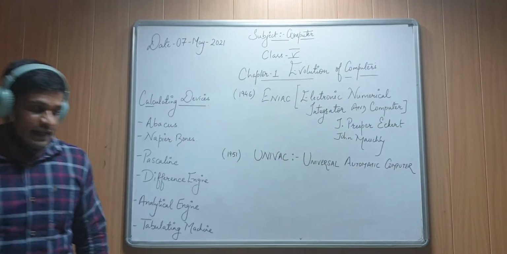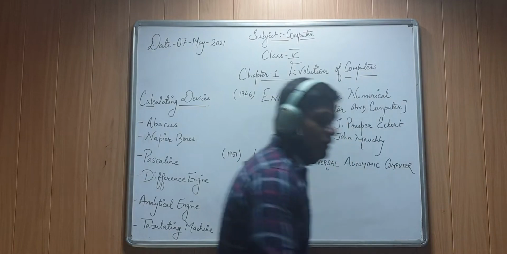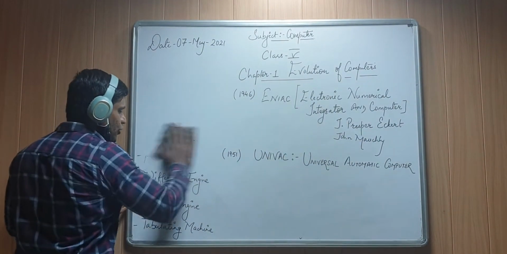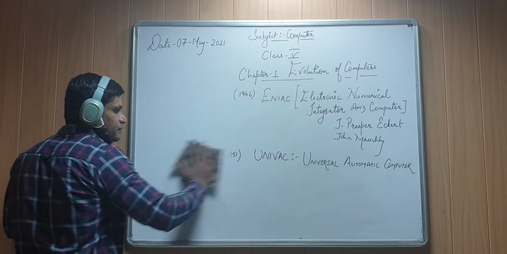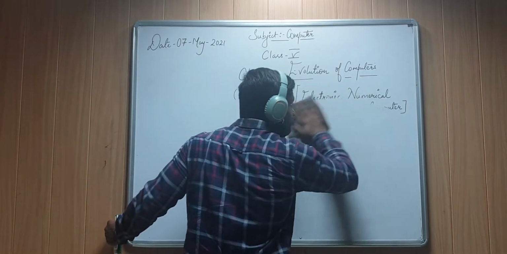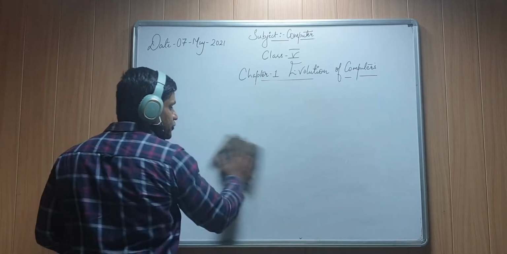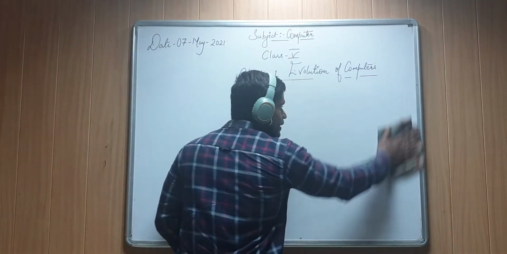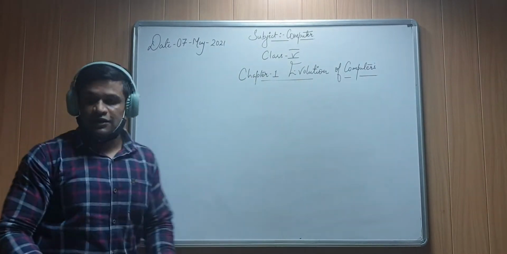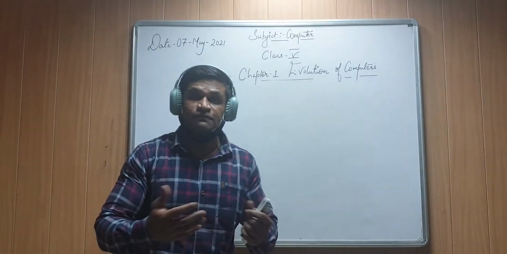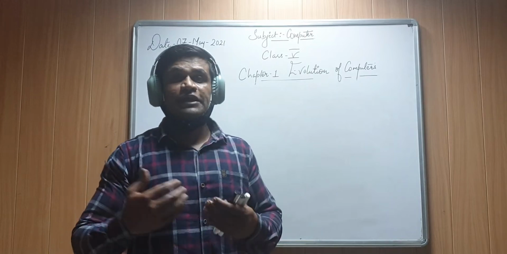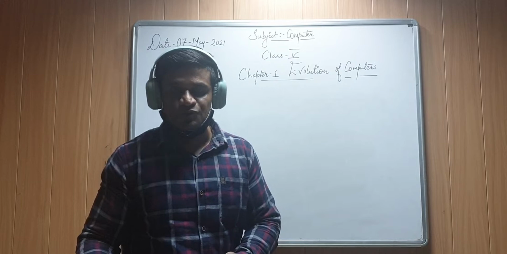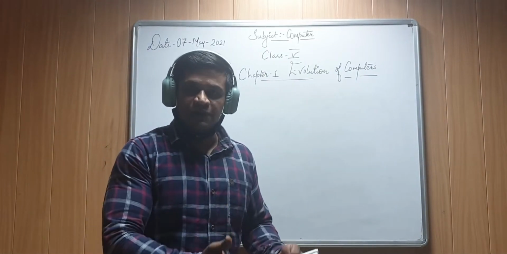Now, in the next part, we would be discussing the pioneers of the computer, those people who made useful contributions in developing the computer. Like if I talk about the freedom fighters who helped us in getting freedom for India, Mahatma Gandhi, Subhash Chandra Bose, Bhagat Singh, Lal Bahadur Shastri.